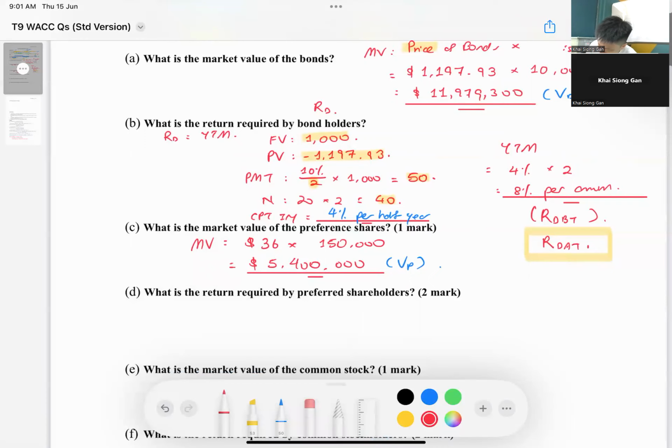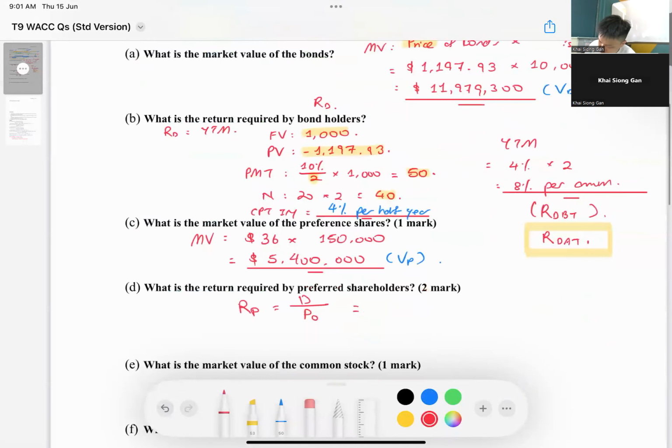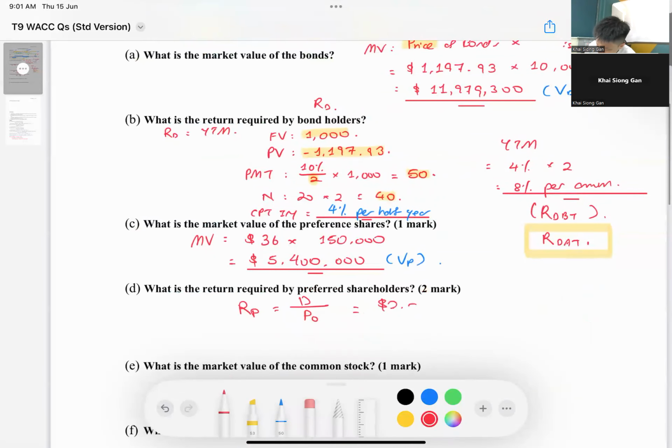Very simple, you use the dividends divided by the price. Dividend is 2.5, so 2.5 divided by 36.